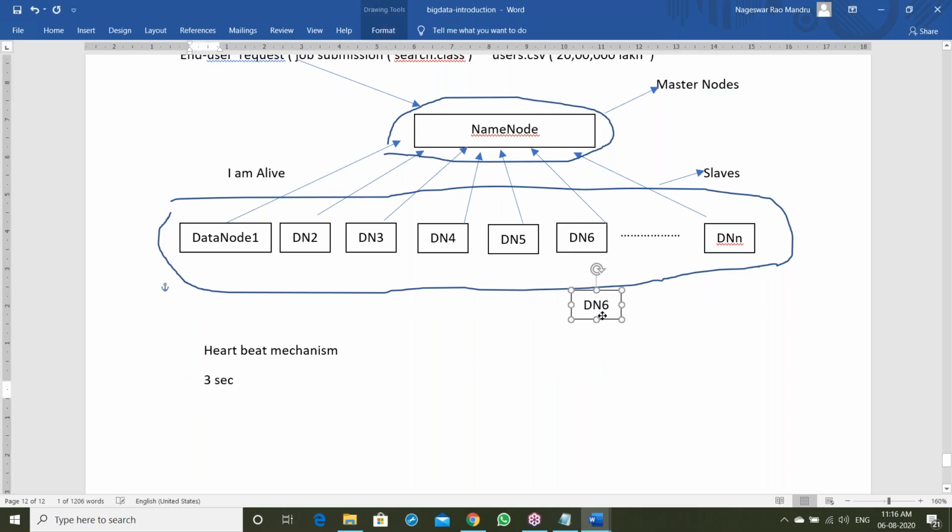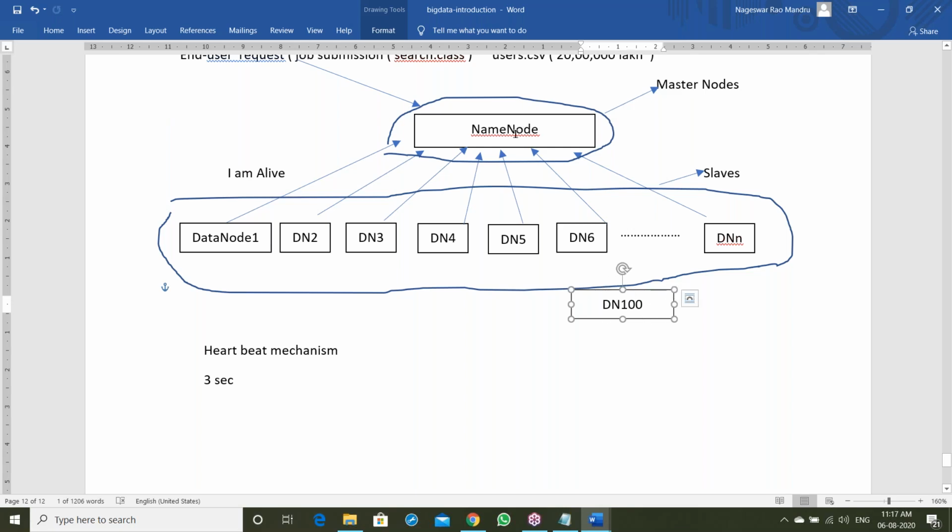Suppose it is a very big cluster with thousands of nodes, and this node fails with 50 GB of data. The name node will identify another node which has the same amount of free space, that means 50 GB of free space is required. Suppose in this node 50 GB of free space is available.